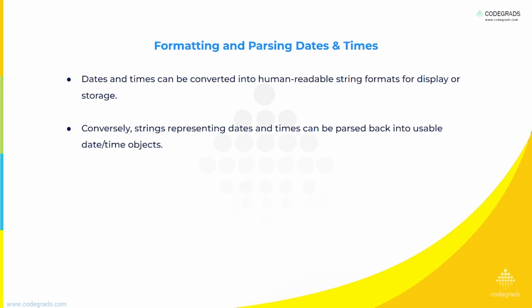Next is formatting and parsing dates and times. Dates and times can be converted into a human-readable string format for display or storage. That is an advantage. Conversely, strings representing date and time can be parsed back into usable datetime objects. For formatting, we have strftime to format a datetime object into a readable string, and we just mention the year, month, date, whatever we want.